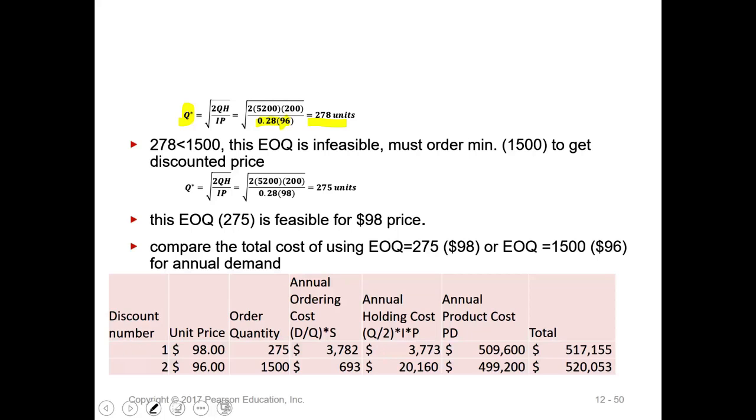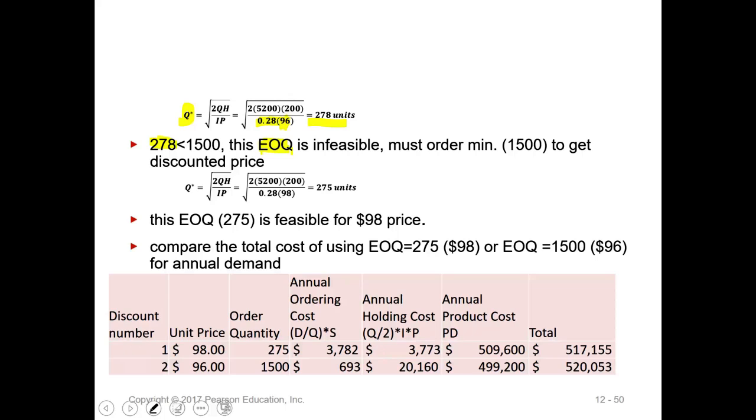So because this is 275, actually you cannot really get this price. Because your calculated Q is smaller than the price break quantity, this EOQ is not possible because you have to order minimum 1,500 to get the discount price.